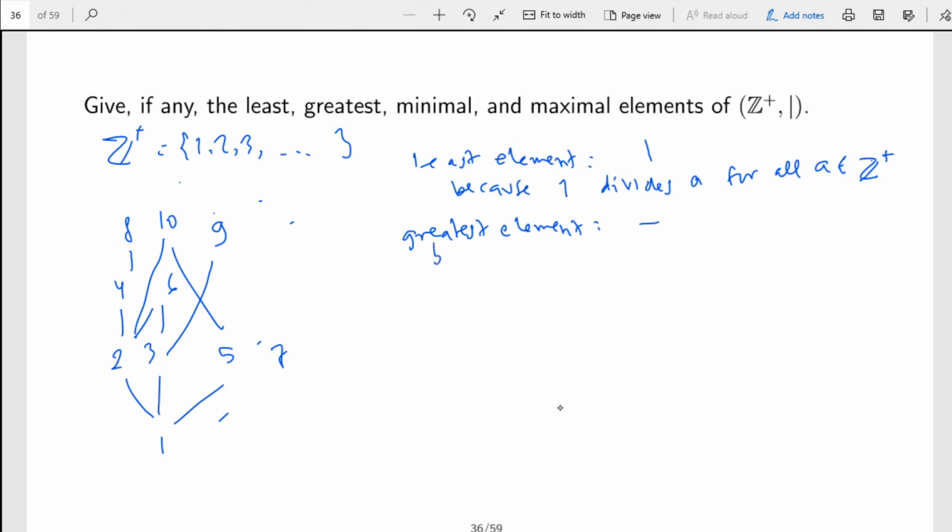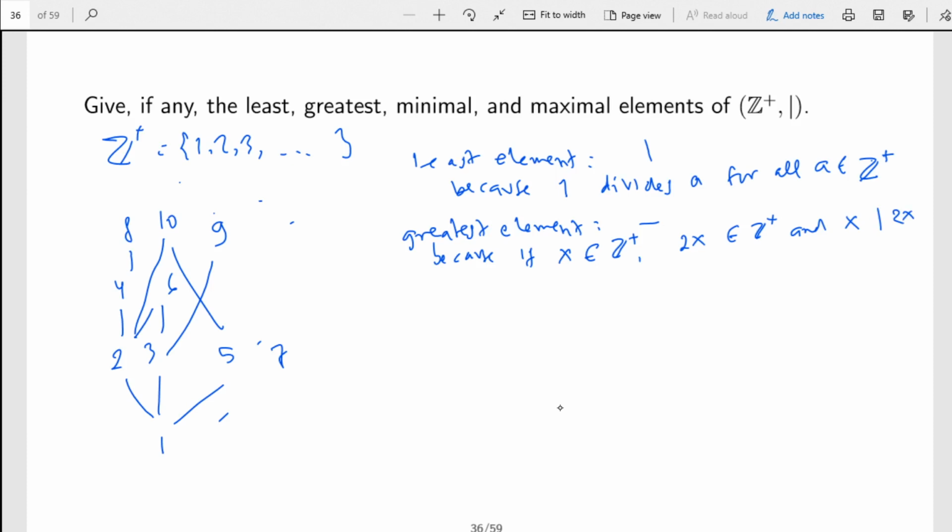Why? Because if x is an integer, for example, 2x is also an integer, and x divides 2x, right?